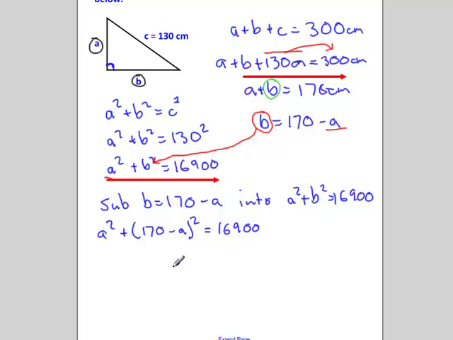Now I need to expand this and get it into standard form. My goal here is always to get my quadratic into standard form so I can find the roots. So I'll have A squared plus 170 times 170. I might have to get the calculator on that one.